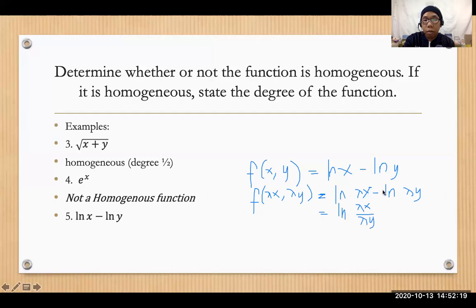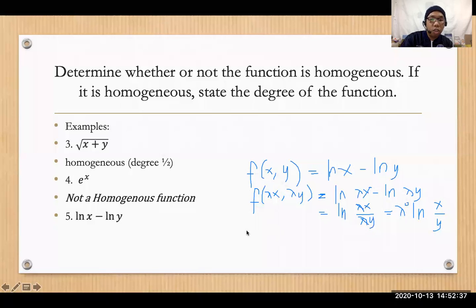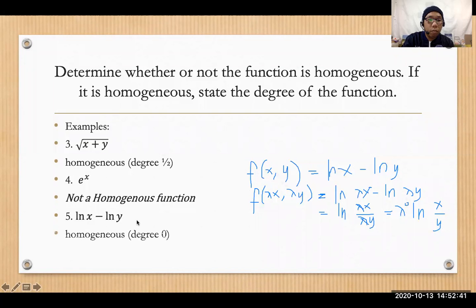By rewriting this function into this form, we can cancel lambda. That's why this is ln of x over y. Since there's no lambda there, the degree of that function is 0. So this is homogeneous of degree 0.